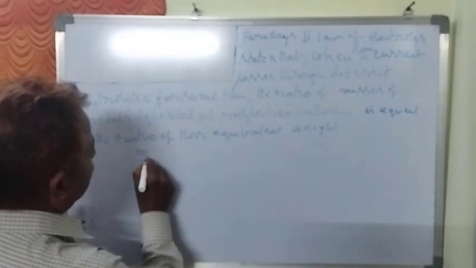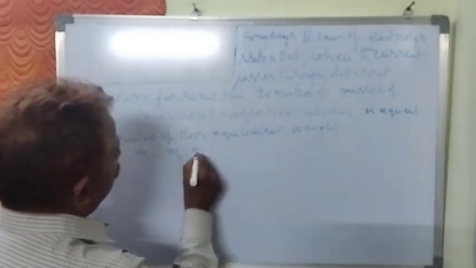Now mathematically the second law can be represented as M1 is to M2 is to M3.